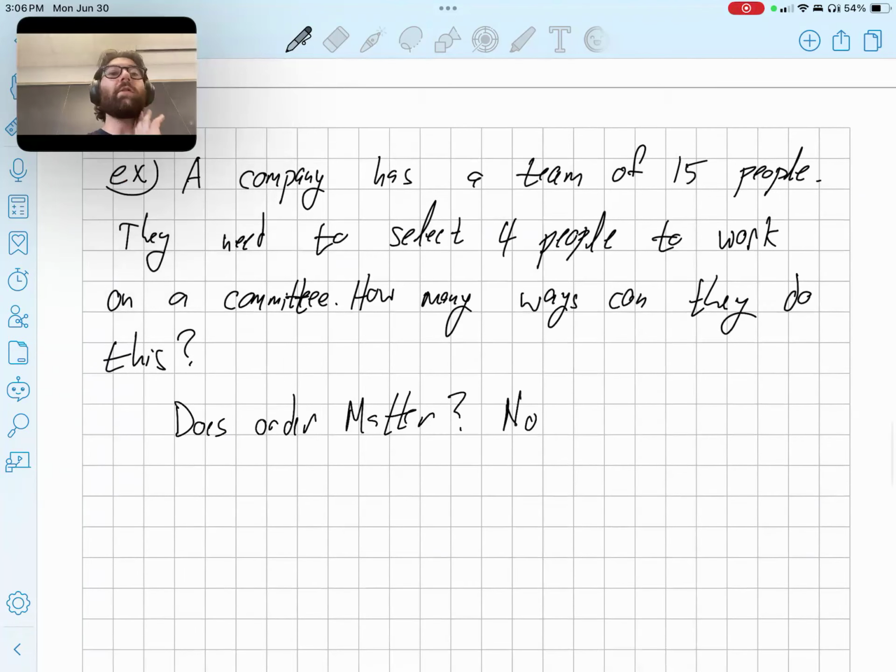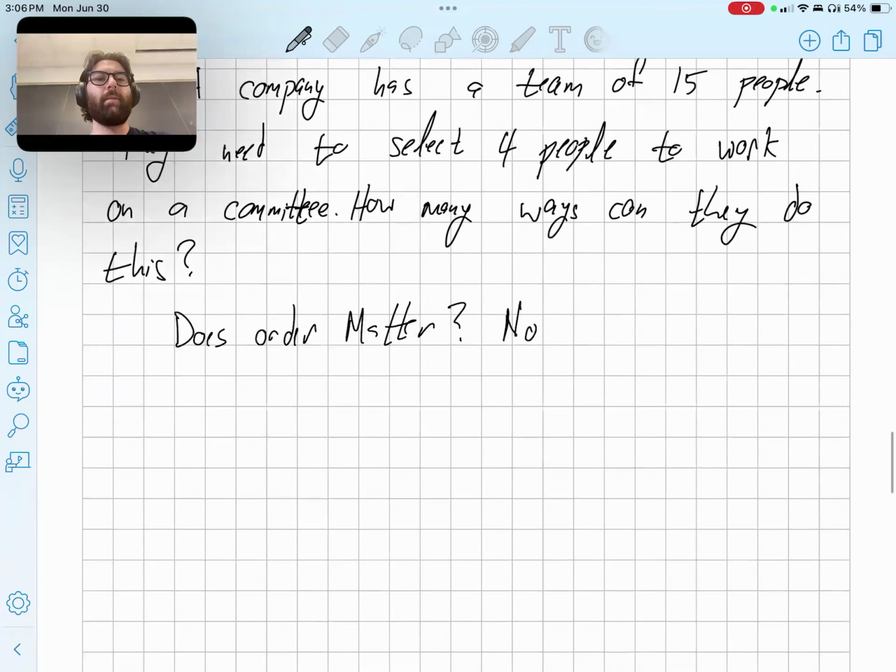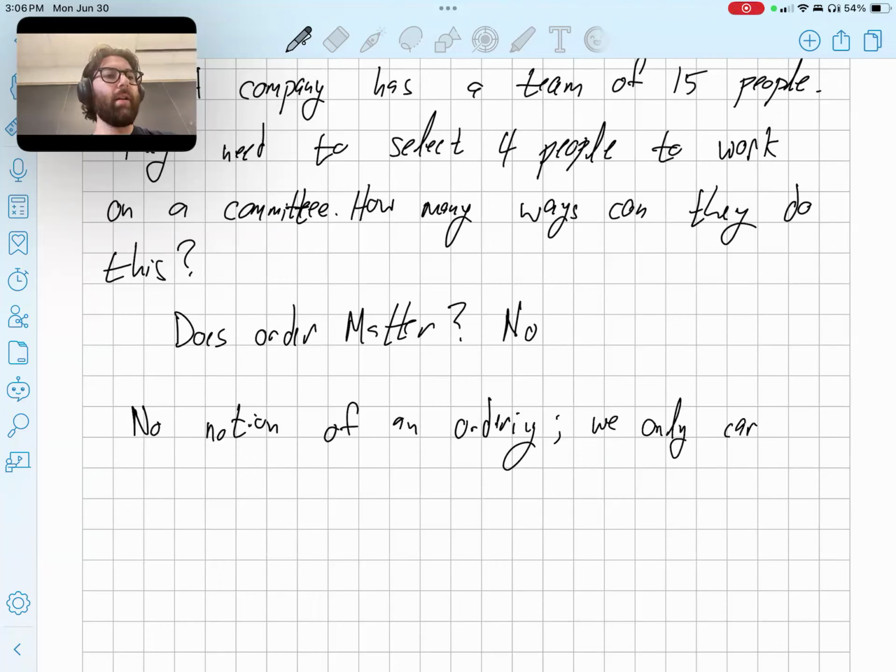Why? Because we're just trying to select a group of people. There's no notion of an ordering. If I pick Alfred and then Bruce, that's the same as picking Bruce then Alfred. We only care about who is in the group.